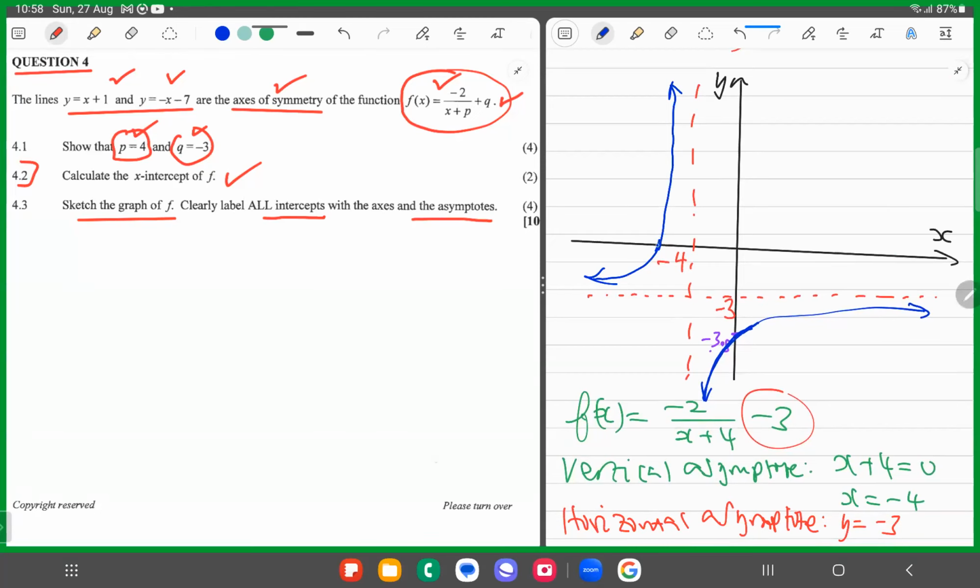So we sketch the graph of f, showing clearly all the intercepts with the axes and the asymptotes. The asymptotes are x equals minus 4 and y equals minus 3. Okay, so we are done with the sketching process and we get our 4 marks there.